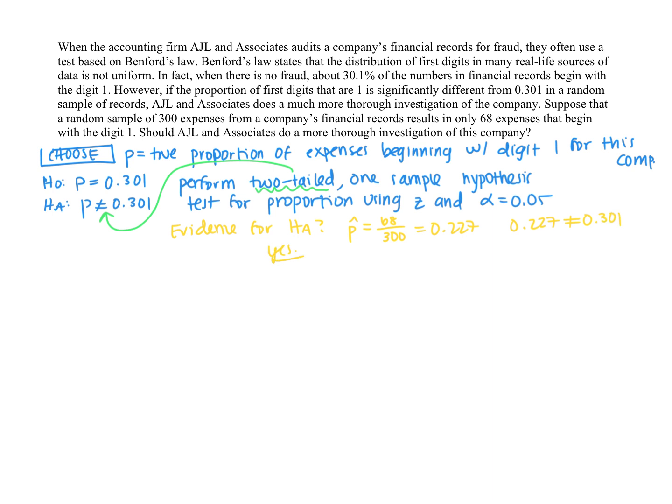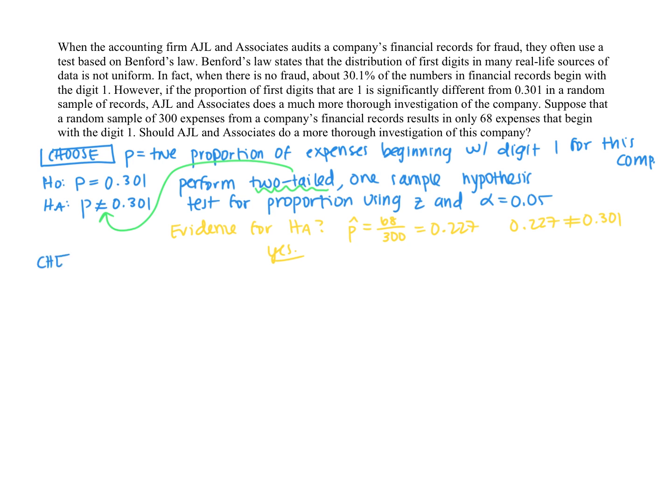So yes, we do have evidence for HA. We got a proportion that wasn't 0.301. At this point, if we had gotten a p-hat that was 0.301, we're done. There's no reason to even carry out the test. What is in yellow, you do not need to write. Just do a little mental check or a check in your calculator.